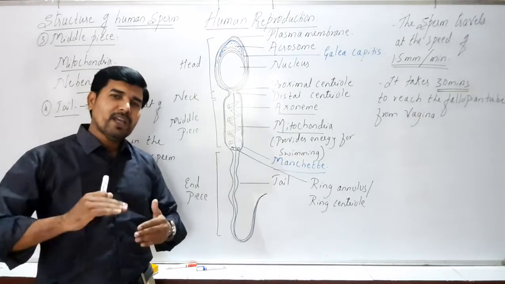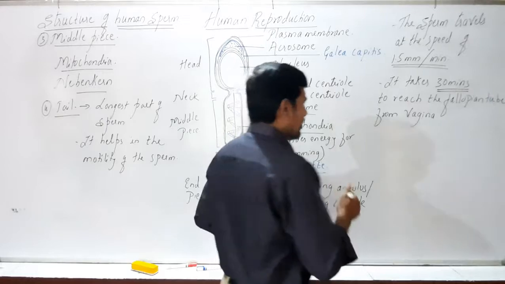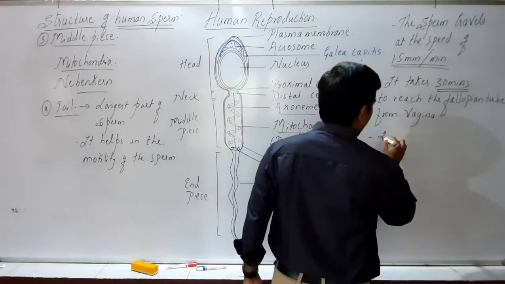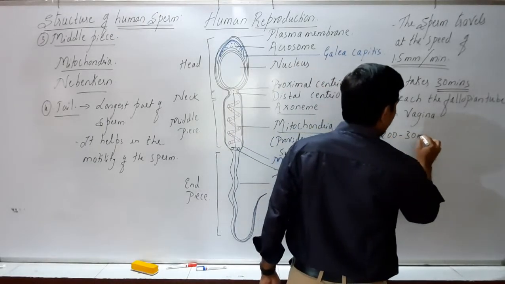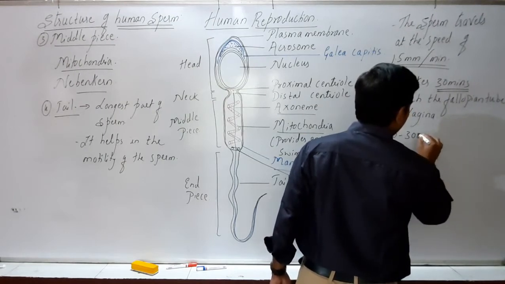Now, how many sperms are released during ejaculation? So during ejaculation, around 200 to 300 million sperms are released.